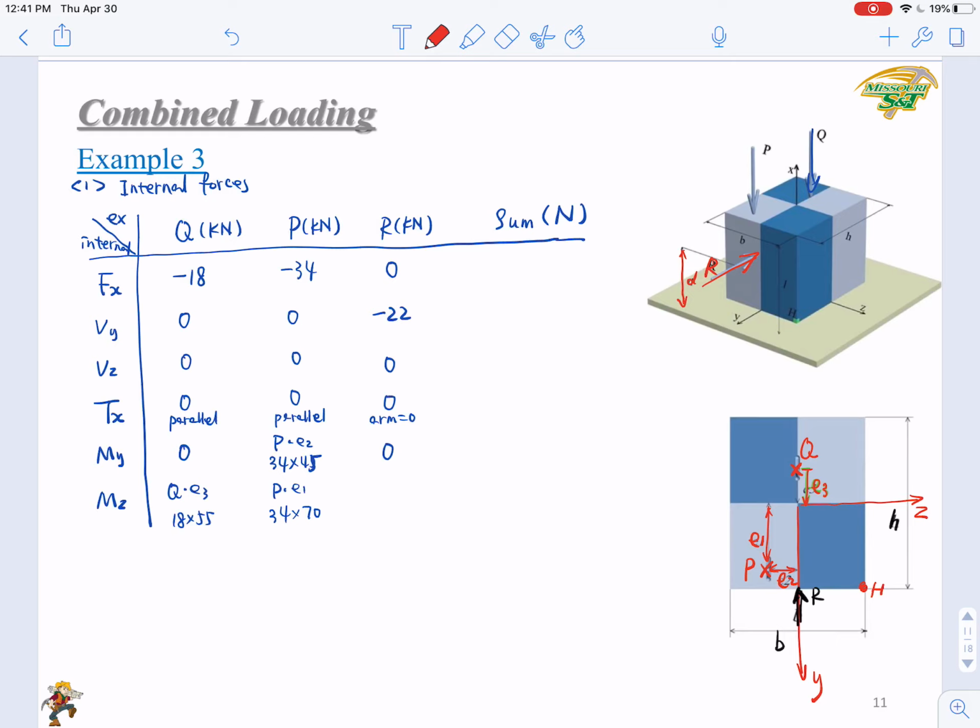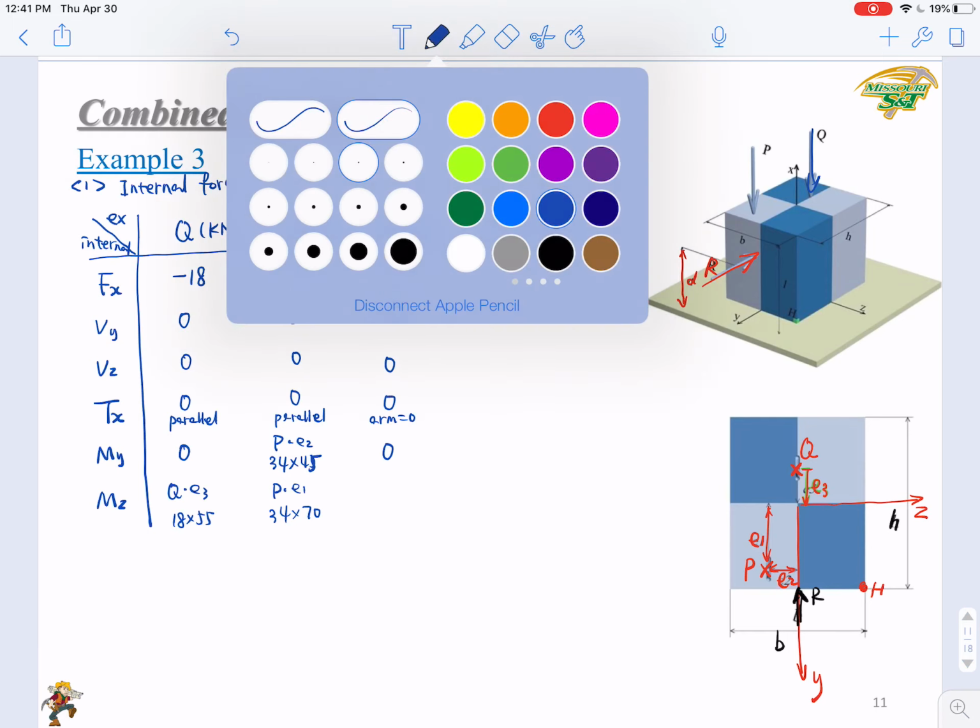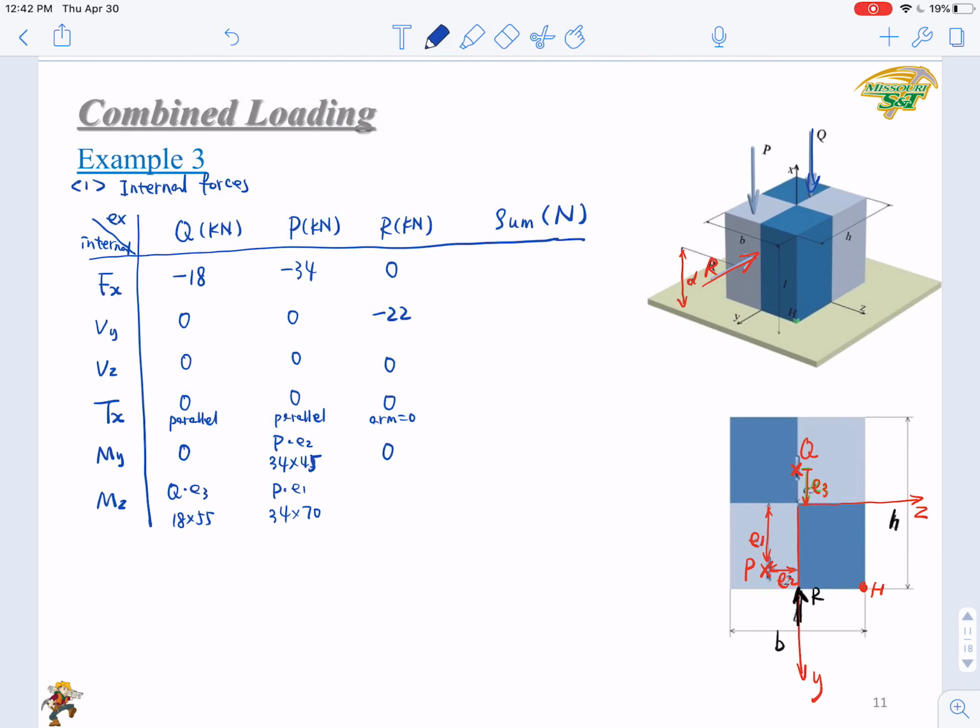Although it doesn't look like it has an arm on the cross section, it does have an arm d, right? So this means that you will have a Mz component, that is R times d. Right, so here would be 22 times 200.